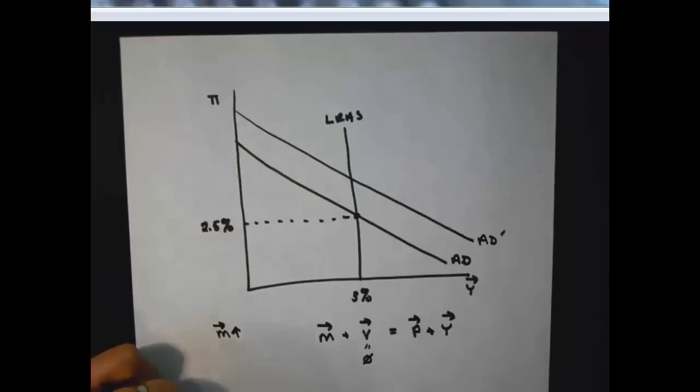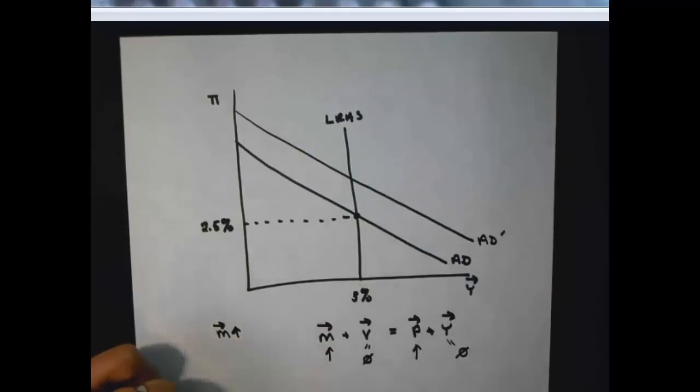And since there wasn't any real shock to the economy, there wasn't anything that was going to affect our ability to produce goods and services, we don't expect this growth rate to change. And so what this ends up being is that if you increase the monetary supply growth rate, it's strictly going to lead to inflation.